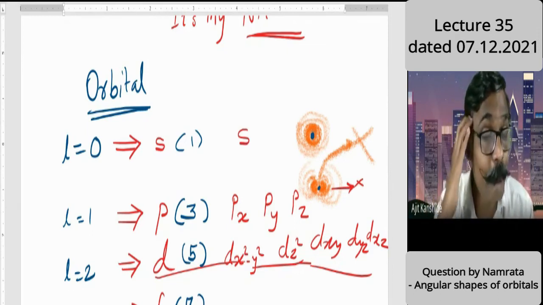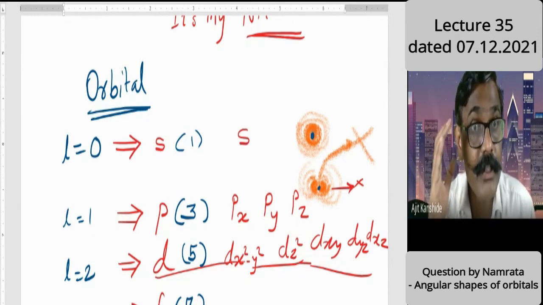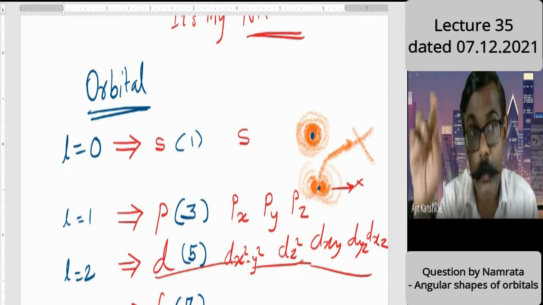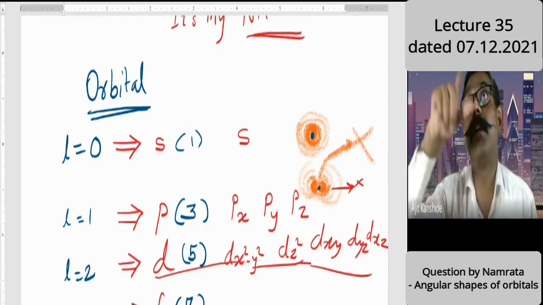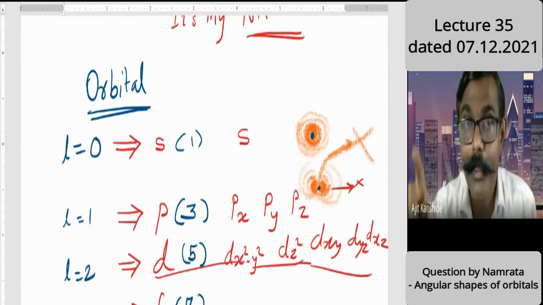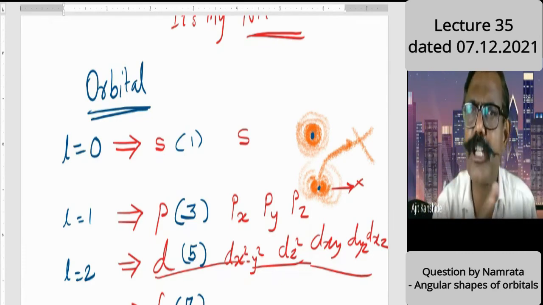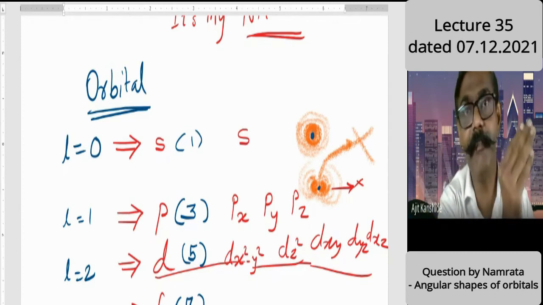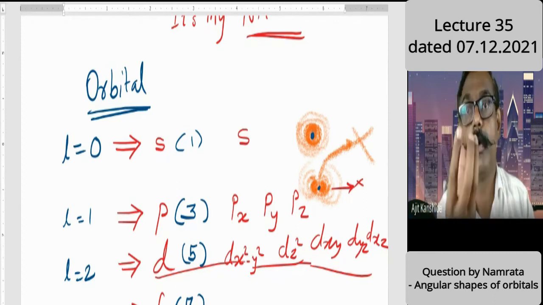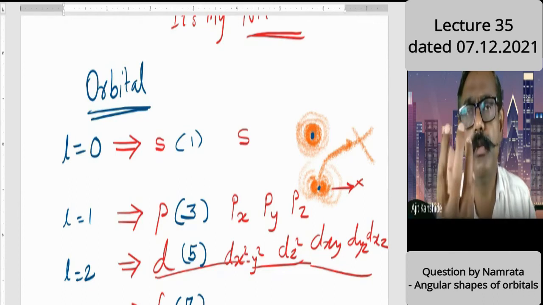But our problem comes when we consider the electron in an orbital motion, like the Earth revolves around the sun, likewise we think the electron is moving from here to there. It is not a fact that the electron is now here and the next time it will go there. No, it can go anywhere, like a gas molecule randomly moves.